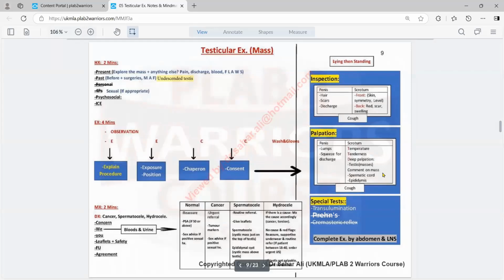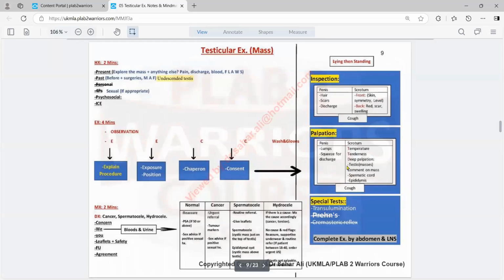If you don't want to take too much time in commenting, tell him I found a mass, lemon sized, usually it's lemon size or olive size, and it's hard in consistency while you are examining.